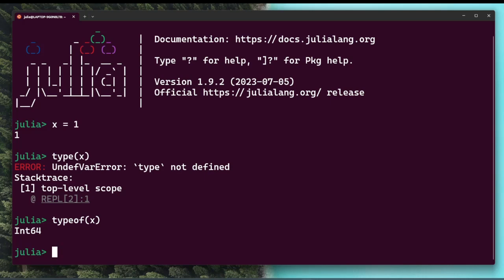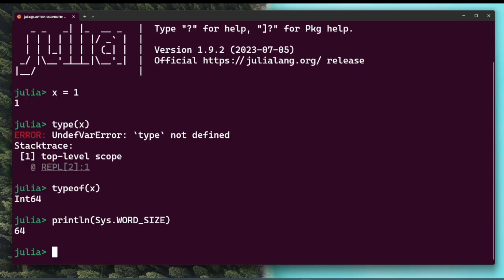So this is a simple way to determine whether you are on a 32 or 64 bit system. Another example is to do println and then use Sys.WORD_SIZE, which tells what kind of system we are in.